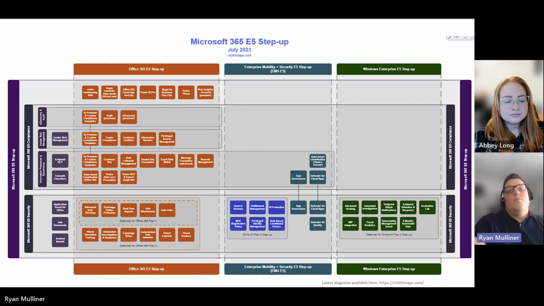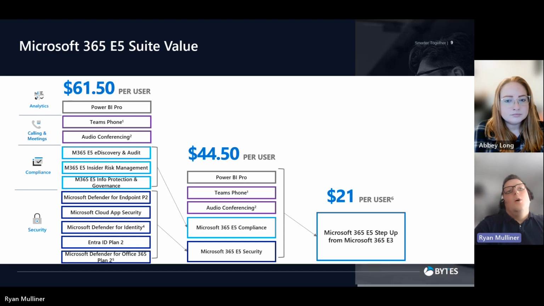So following on from what I've just shown you there, this gives you a sort of visual of each individual component if you bought them all separately, compared to if you bought the mini suites, which I talked about, or going from fully E3 to E5. So it's always worth looking at that maths and doing a workshop with Bytes, and we can tell you these break-even points, go through the features, and we'll be going more in depth into what actually all these do, and how they can help you.